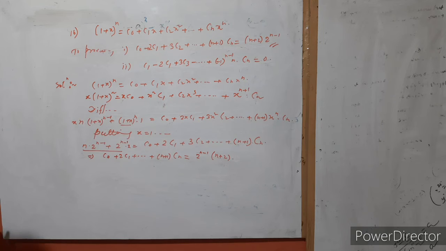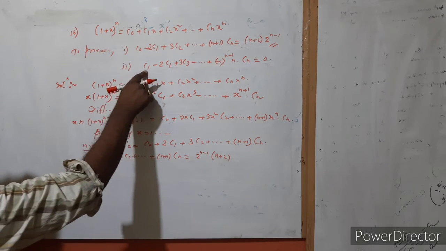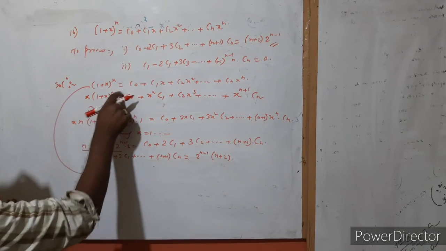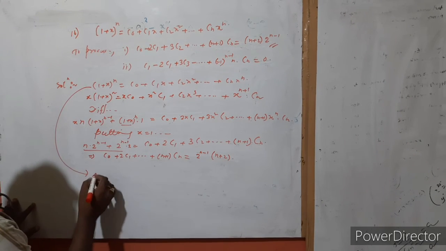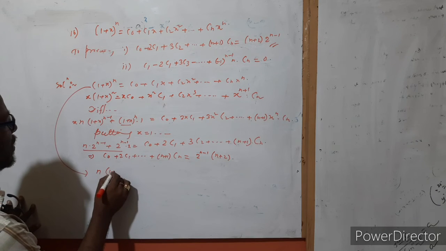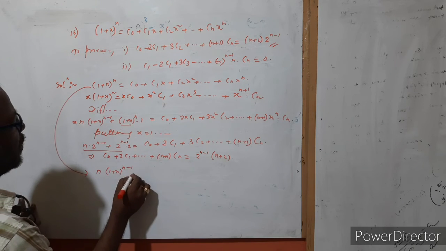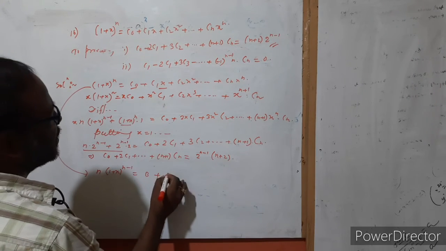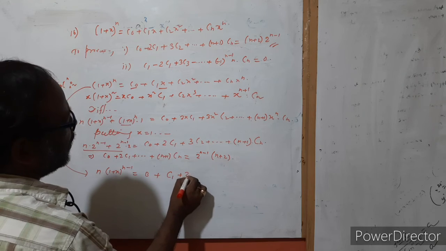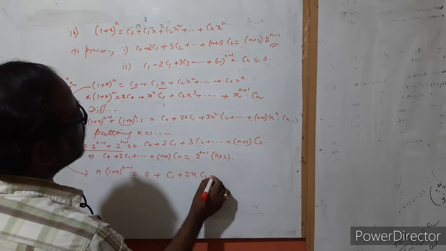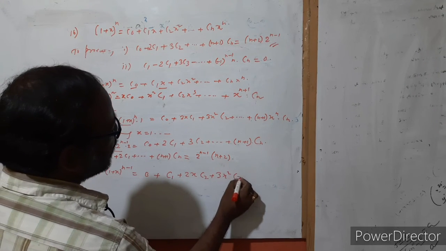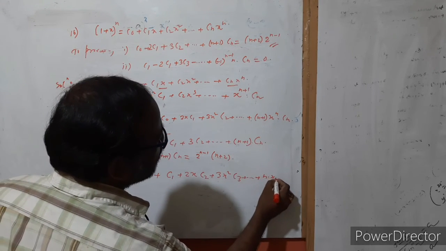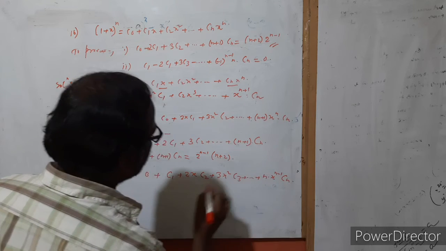Now for the second, c0 is absent here, so differentiate this equation normally. So then we get n into 1 plus x to the power n minus 1, and that is equal to c1, and if we differentiate, 2x c2, 3x square c3, like that. Okay, plus n into x to the power n minus 1 cn.